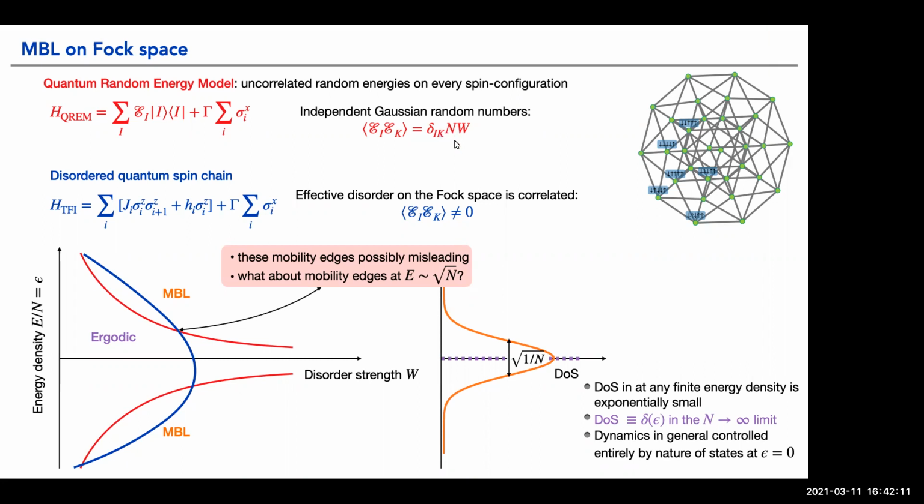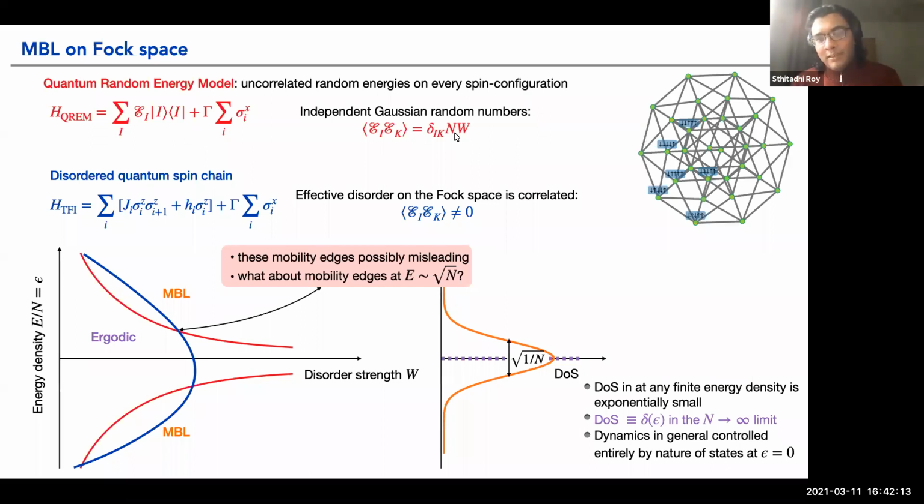Now, what you're asking is an interesting question: what if I put this n to something different? I can give you an estimate, and that's basically building on classic Anderson localization. On the face of it, you can think of this QREM as an Anderson localization problem, because apart from some non-trivial scalings on the graph, everything is independent.